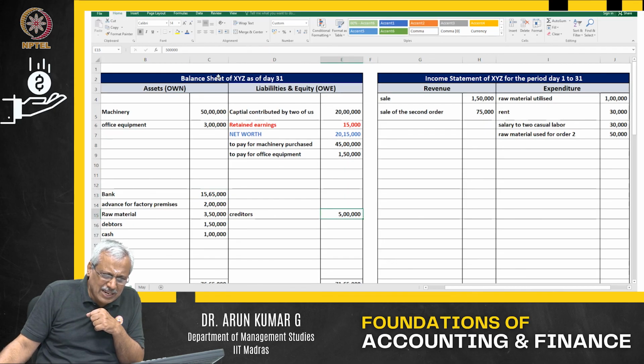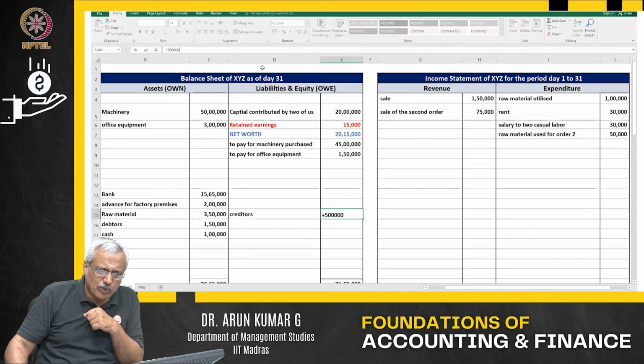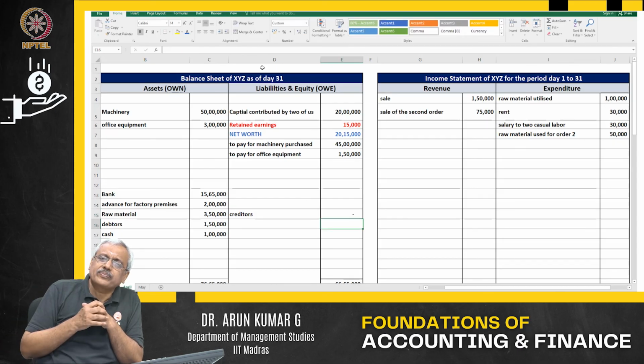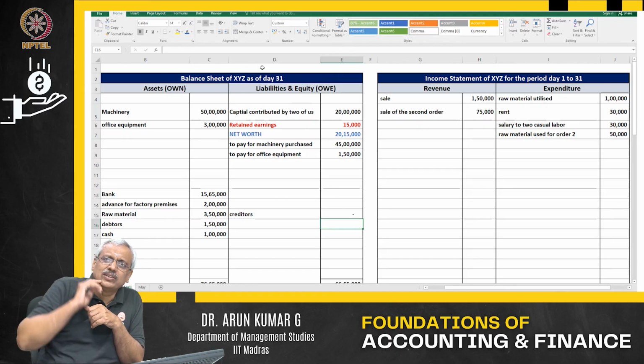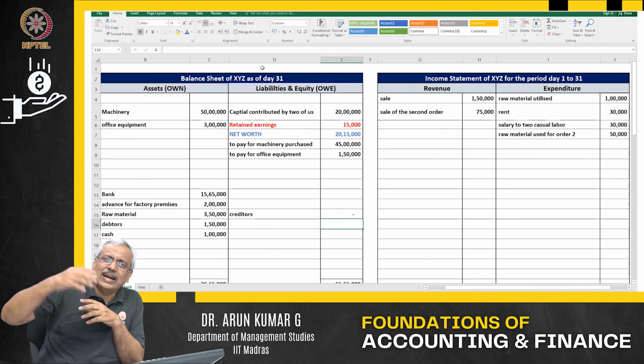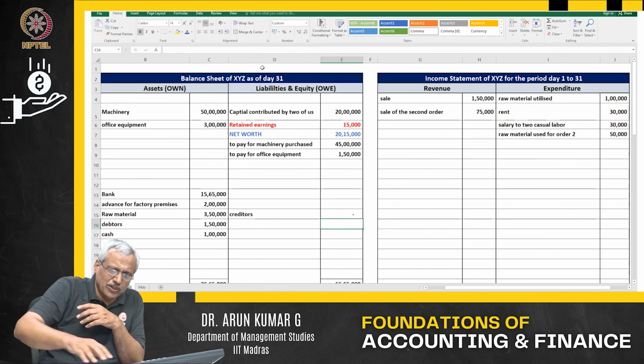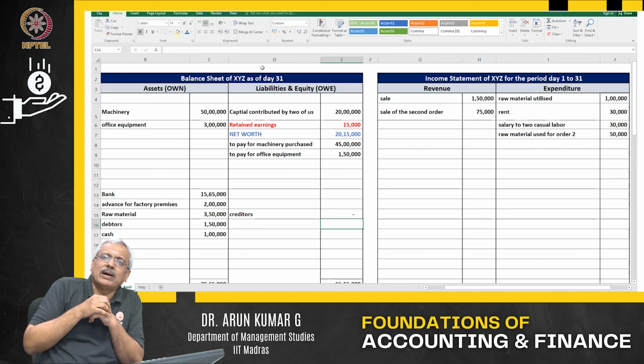I owed the creditors 500,000. Now do I owe them once I pay them? No, I don't owe them any money. My bank balance has reduced, asset has reduced, my liability, I owe them money, that has also reduced. So basically, the balance sheet is taken care of.